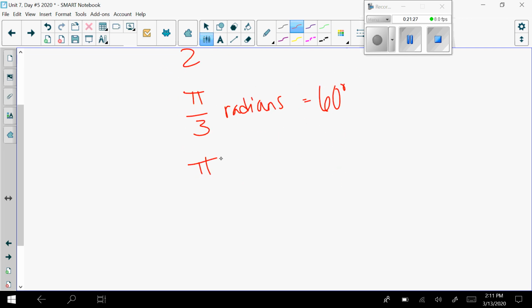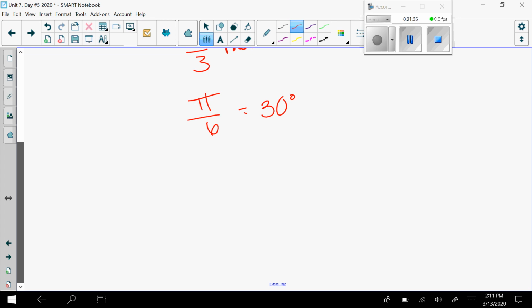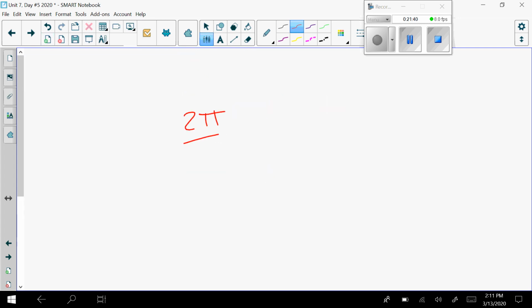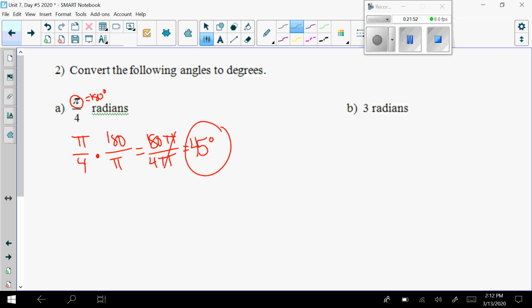So what's another one we should know? Pi over 6. It's 180 divided by 6, right? That one's 30 degrees. What if I gave you 2 pi over 3 radians? Can you do that one? Pi over 3 is 60, and then times 2, this one would be 120 degrees. Okay, sorry, that's just me being nerdy and fun.